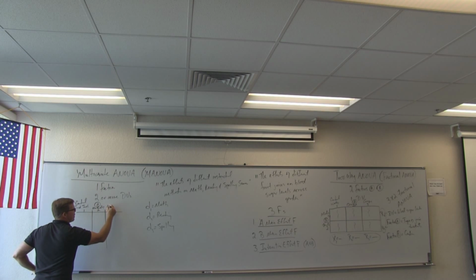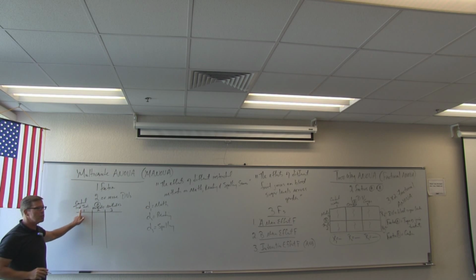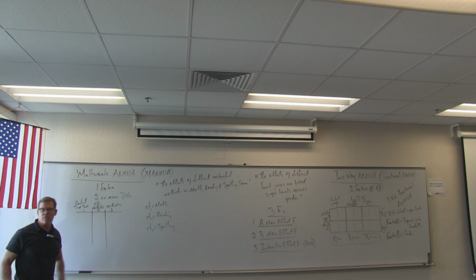Group 3 gets method number 2. Method number 1 is some new, very innovative, creative instructional methodology using media and other things. Method number 2 is something very similar to method number 1.